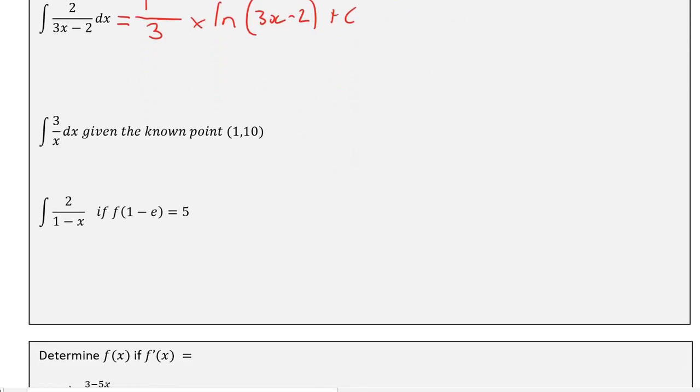Okay, let's have a look at these ones, guys. 3 over x given the known point 1, 10.